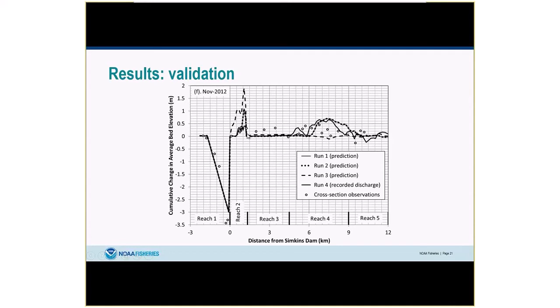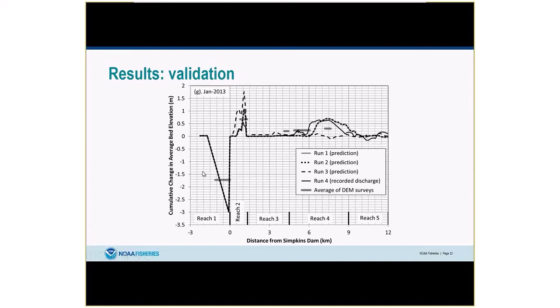So those runs still show too much sediment stored behind Bloaty Dam. And the survey of just DEM areas from a couple months later, which is slide 22, January 2013, shows a similar picture.